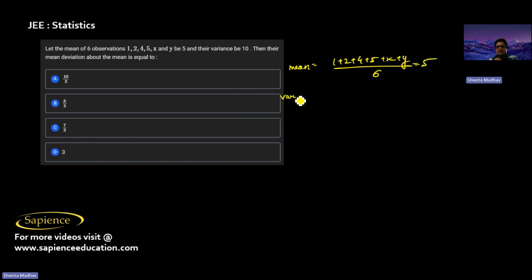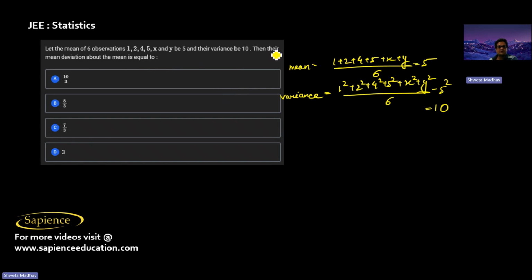Now therefore the variance will be 1 square plus 2 square plus 4 square plus 5 square plus x square plus y square divided by 6, minus the mean square, that is equal to 10.